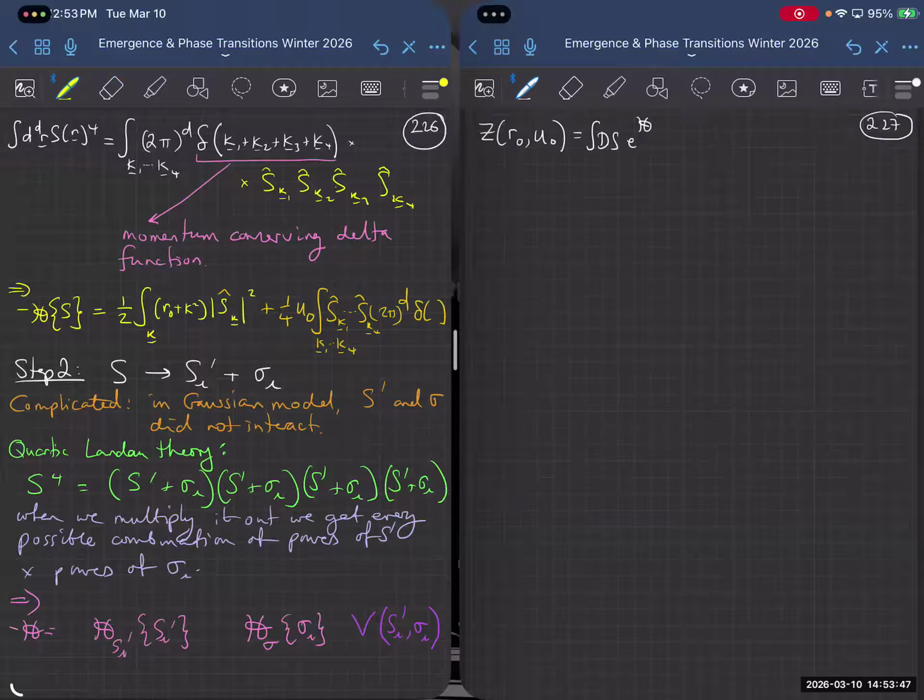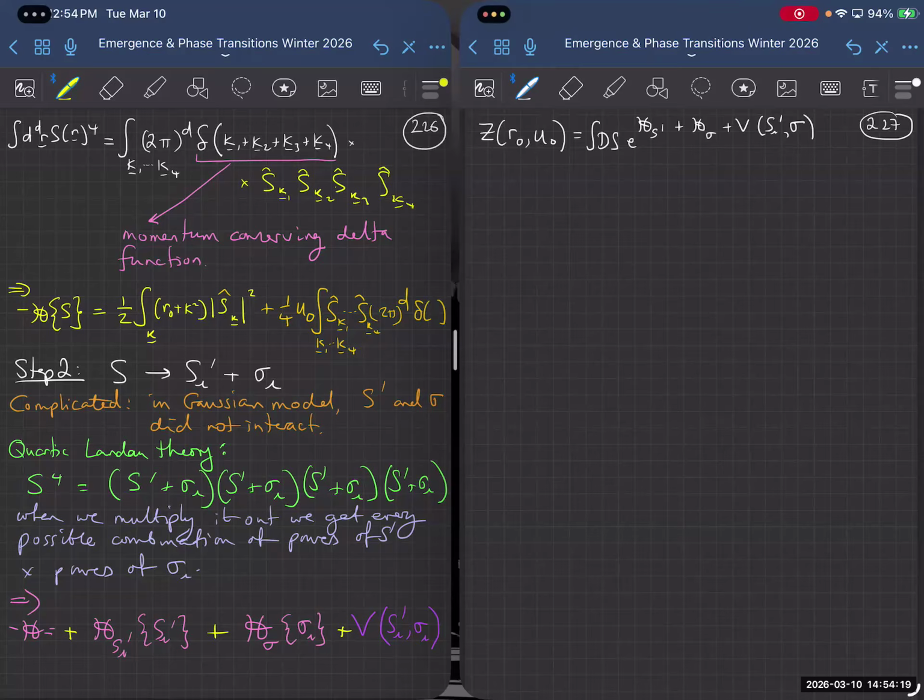I'm defining those to be pluses. Notice the pluses. I want to get rid of all the minus signs. So I've called it e to the plus h s prime, and then I have h sigma plus v of SL prime and sigma. So I've got to do that.